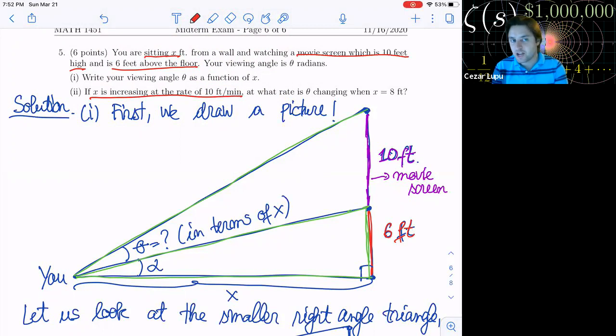You see, it's a rate of change. It is increasing at a rate, so it's changing. When you hear the words rate of change, what do you think of?